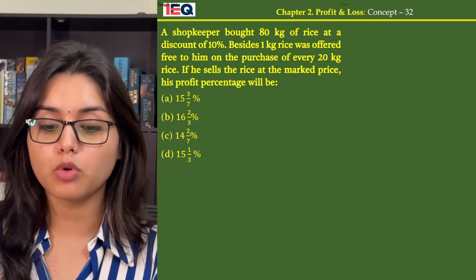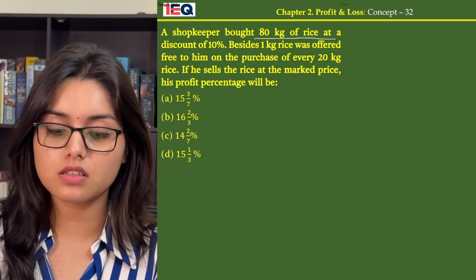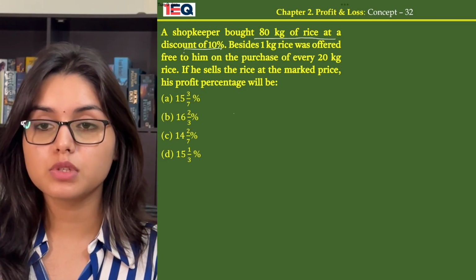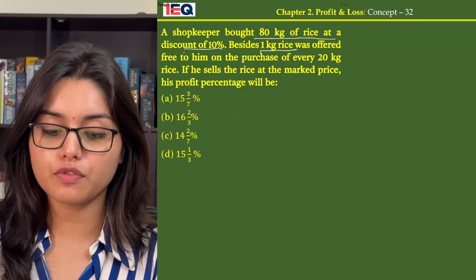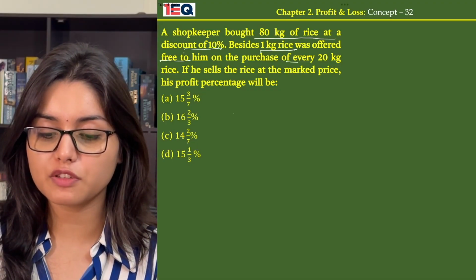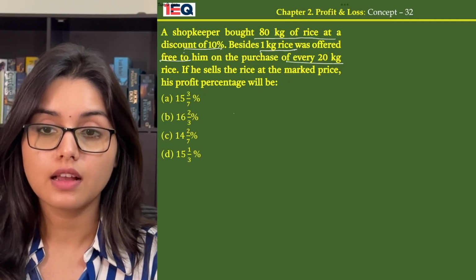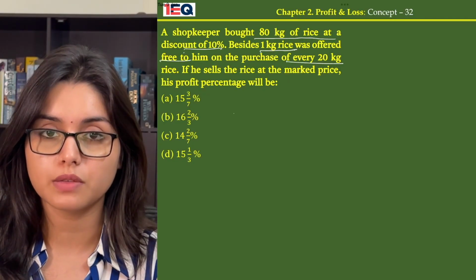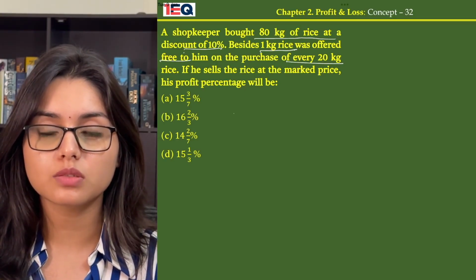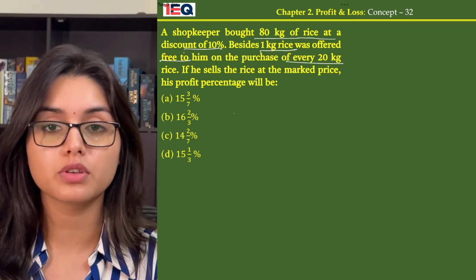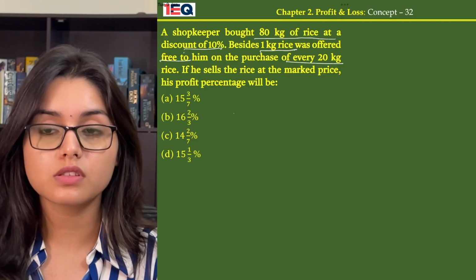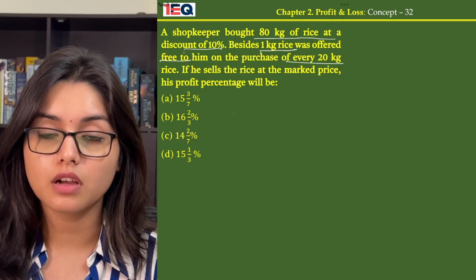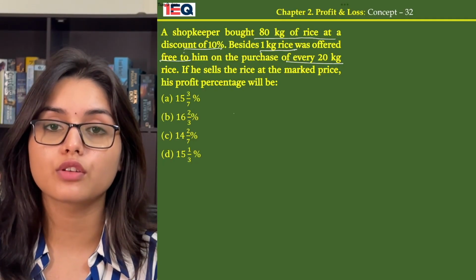A shopkeeper bought 80 kg of rice at a discount of 10%. Besides, 1 kg rice was offered free to him on the purchase of every 20 kg rice. If he sells the rice at marked price, his profit percentage will be. Let's assume that the cost price of 1 kg rice is rupee 1. So he was supposed to buy it at 80 rupees, but he got a discount of 10%.